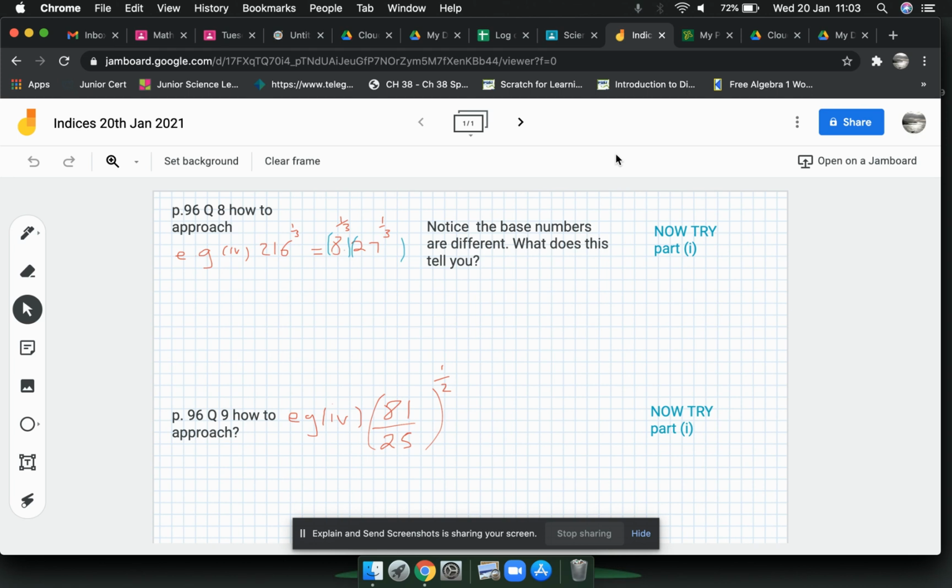So simplifying this involves starting, for example, with the left. So 216 to the power of 1/3 could be rewritten as the third square root of 216. Okay, that is the simplified version there of 216 to the power of 1/3.